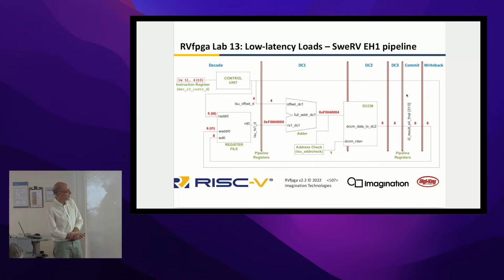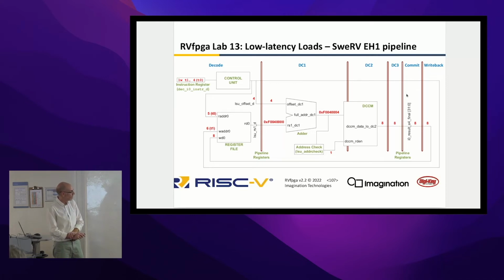We obtain this address. This address makes the read enable of the DCCM go high, so that the DCCM is read. It provides the 8, which is propagated and written back to the register file.